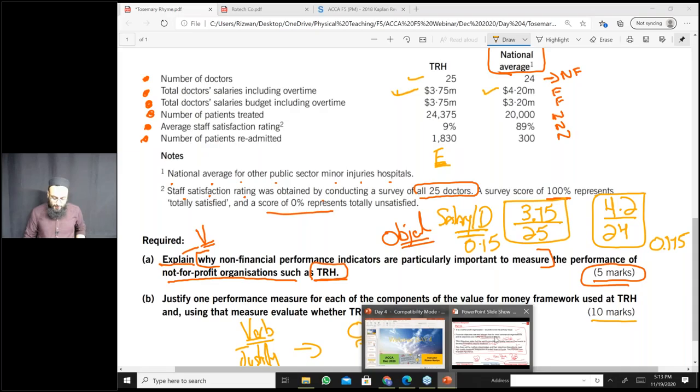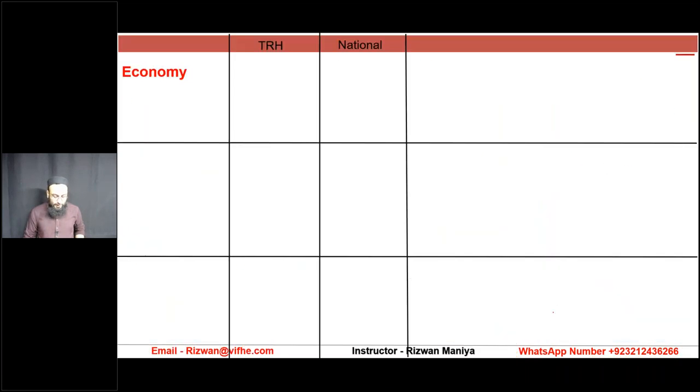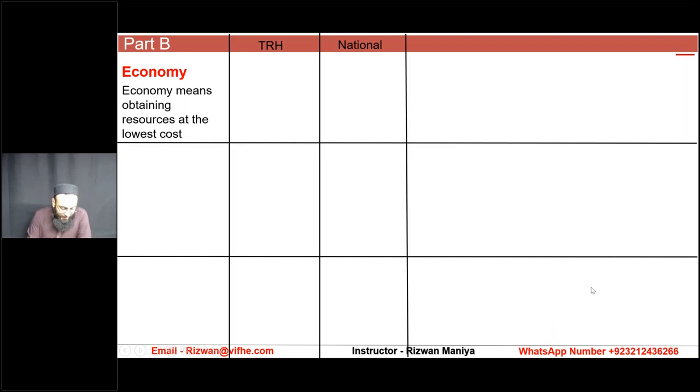Let's go to the answer and let me show you how to handle this. Economy: a quick small definition would be good. It means obtaining resources at low cost. TRH is 0.15 and the national figure is 0.175, salary per doctor.